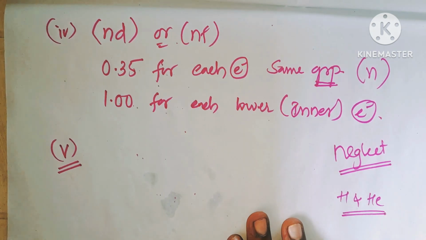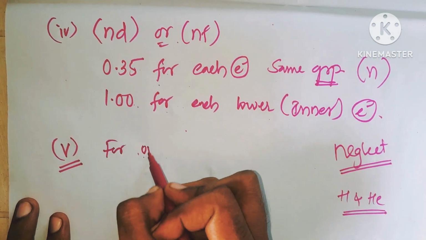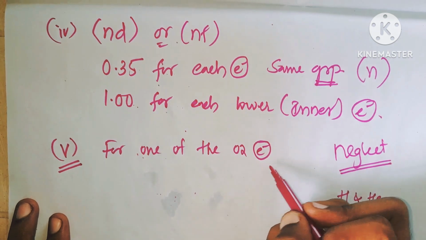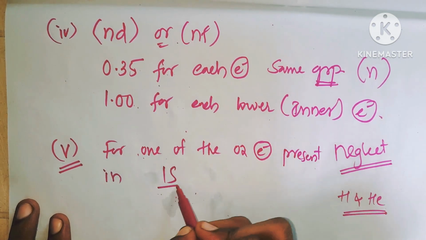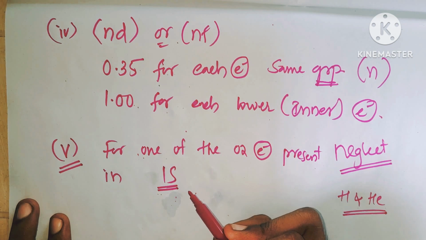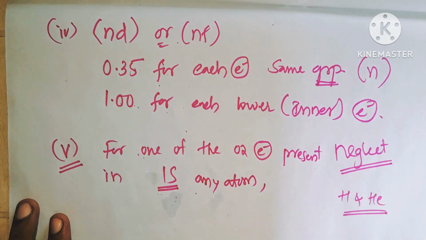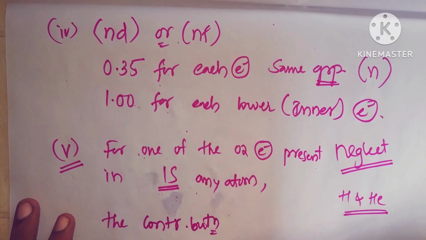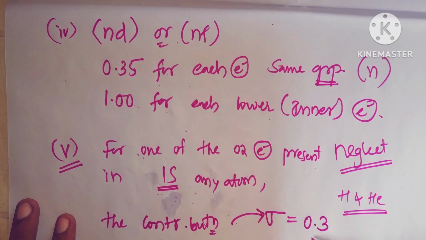The fifth rule says that for one of the two electrons present in the one s orbital of any atom, the contribution of the other electron, that is sigma, is given by 0.3.